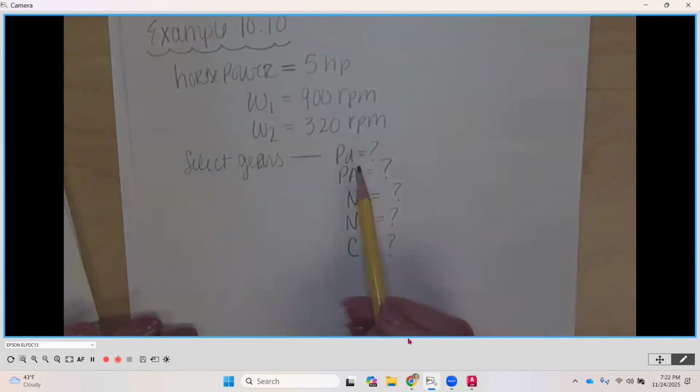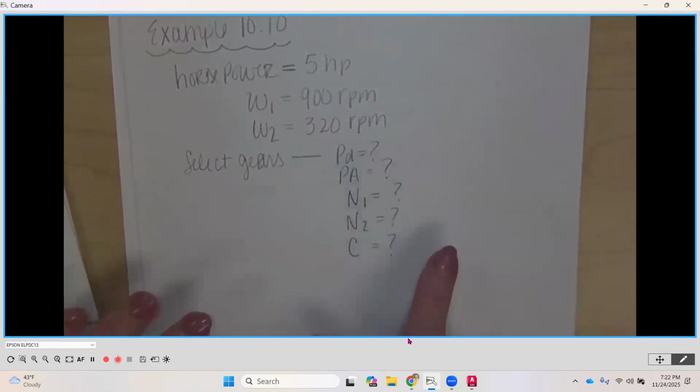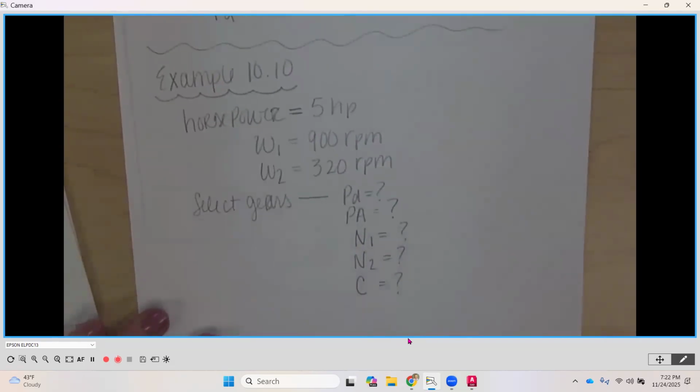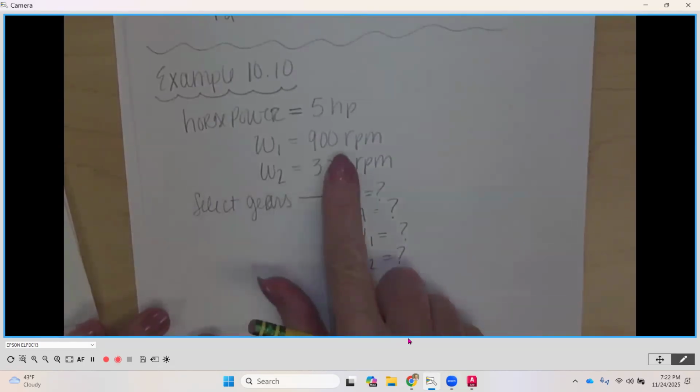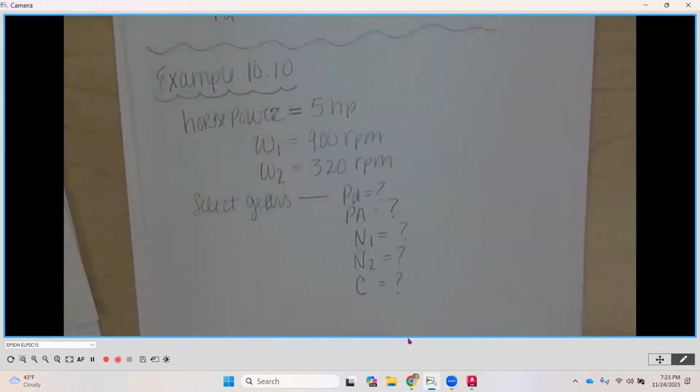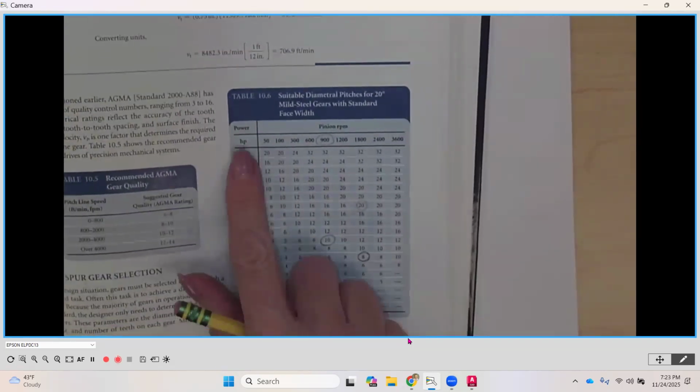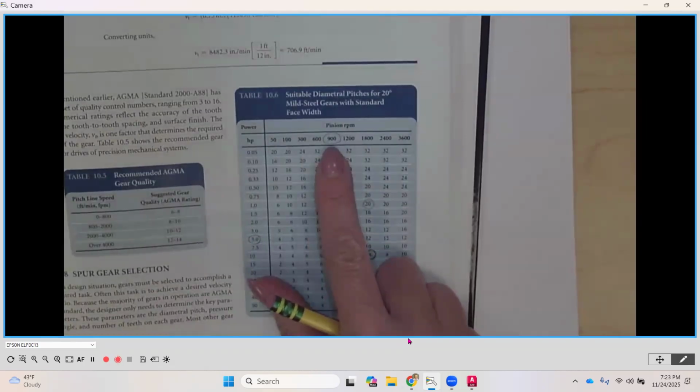So first things first, we're going to pick that diametral pitch and we're going to use table 10.6 again. For our problem, we're going to use the pinion, which is the faster moving shaft. So that's going to be our W1 and our horsepower. If we go back to table 10.6, we're going to find the 900 RPMs, right?